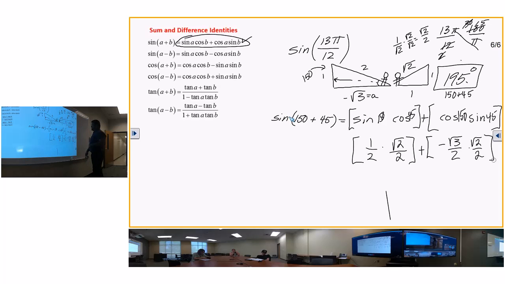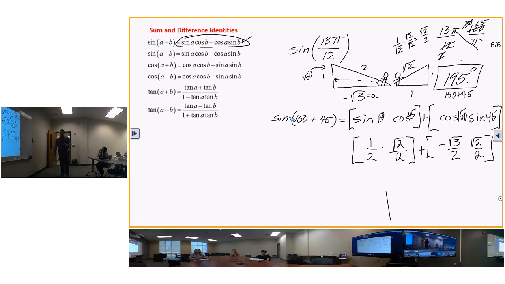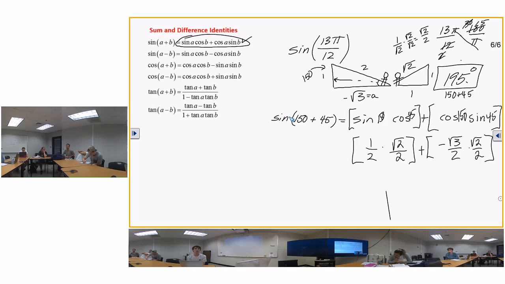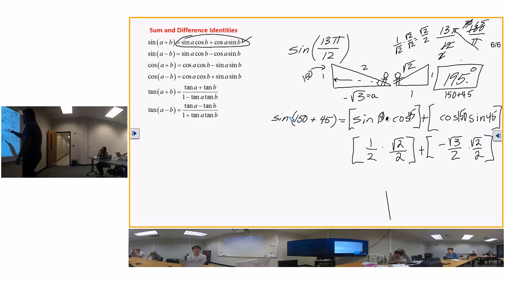All right, who has a question on that? Rest of Pendleton, that never says anything? Does it matter what order the 150 and 45 are in? No, it does not. Why? Because what is this right here? The plus. What is this?